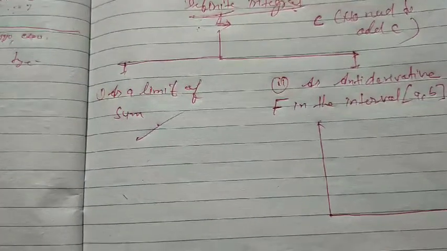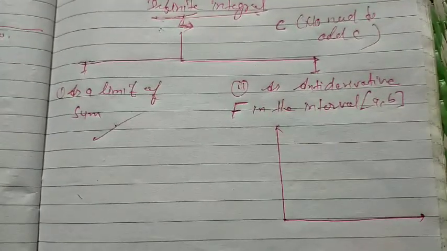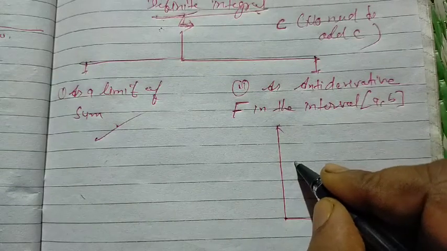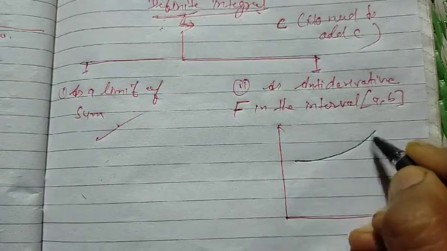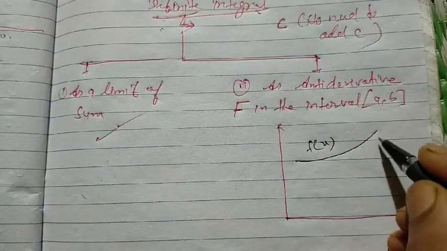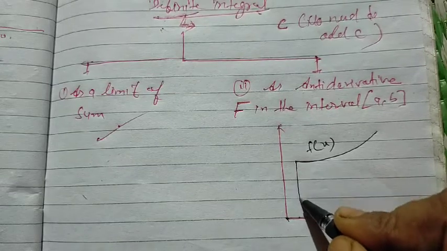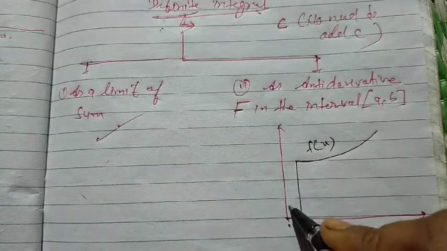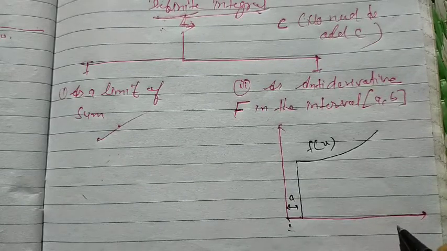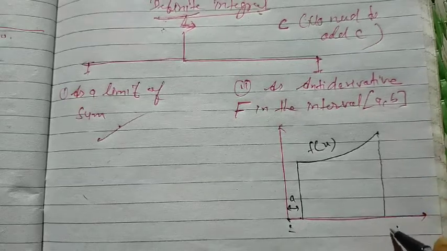I have drawn one diagram here. I'm going to draw one curve. This is f of x, and suppose here to here, this distance is a, and here to here, this distance is b.